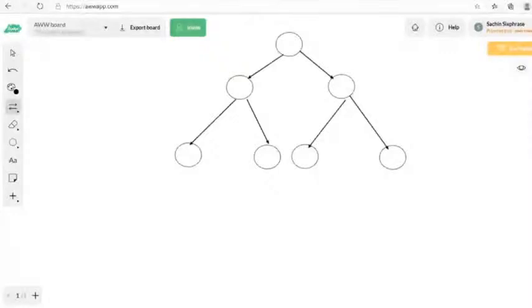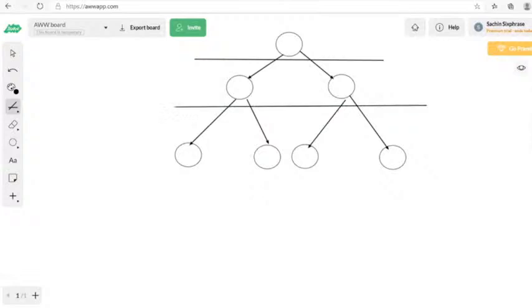So taking this tree, what I will do is, yesterday I taught you about levels. The root node belongs to level 0, and the children of the root node belong to level 1, and the children of these two nodes belong to level 2.